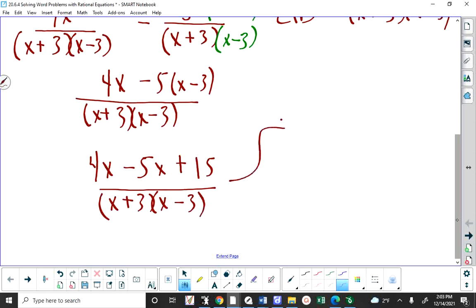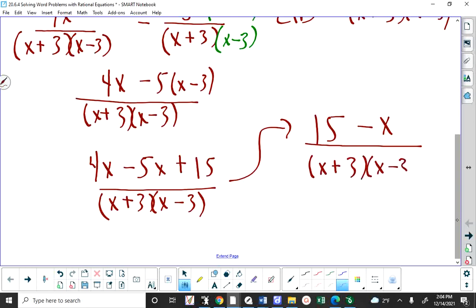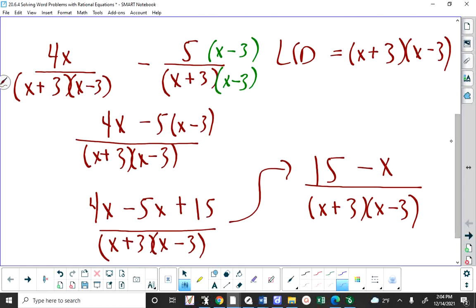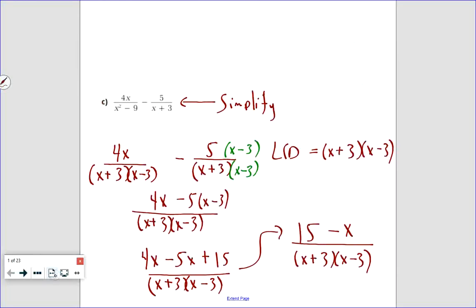And get an answer of, I would probably write 15 minus x, as opposed to negative x plus 15, over x plus 3, x minus 3. So when you are adding or subtracting, the idea is that you get a common denominator to keep the common denominator.